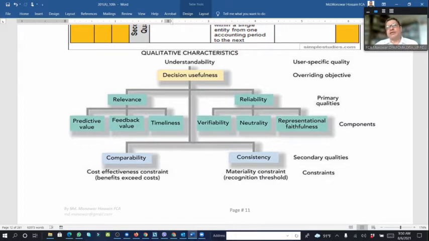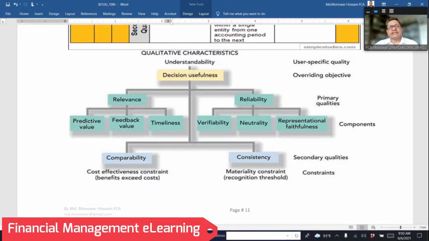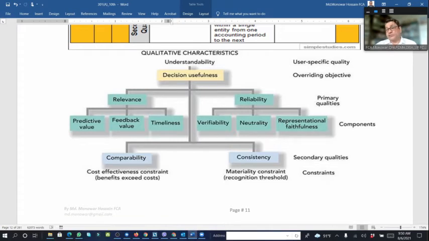Its secondary qualities are that it should be comparable and consistent, and there are constraints: the cost-effective constraint, meaning we always use cost-benefit analysis, and the materiality constraint, meaning how much money we should recognize. So these are the qualitative characteristics of financial data.